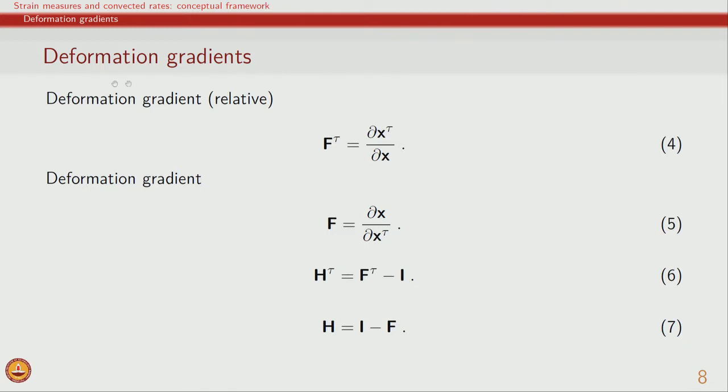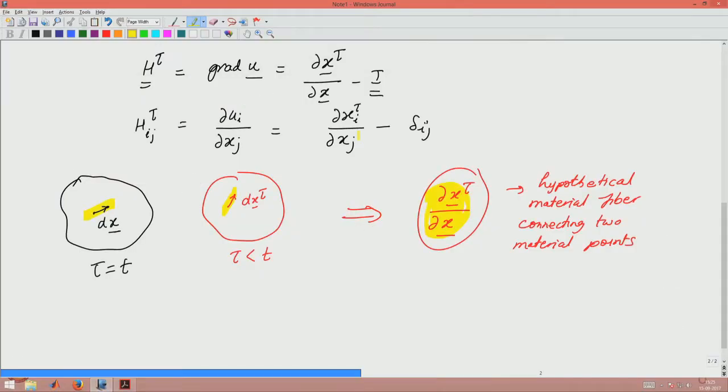And deformation gradient again can be defined with respect to the present configuration or the current configuration, in which case we will call it the relative deformation gradient, and it is denoted as F at time tau, which can be present, past or future. Now, looking at this quantity, we can clearly see that at the present time the deformation gradient will become unity.